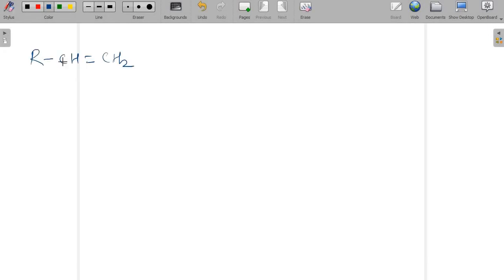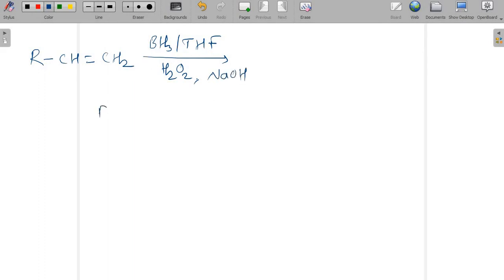For this reaction, we are considering an asymmetrical alkene. The conditions on the arrow: the first condition is BH3/THF, in the presence of the oxidizing agent H2O2 under basic condition.